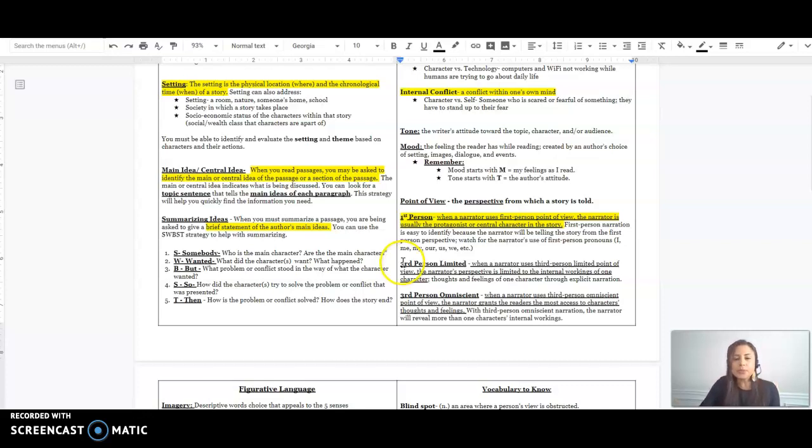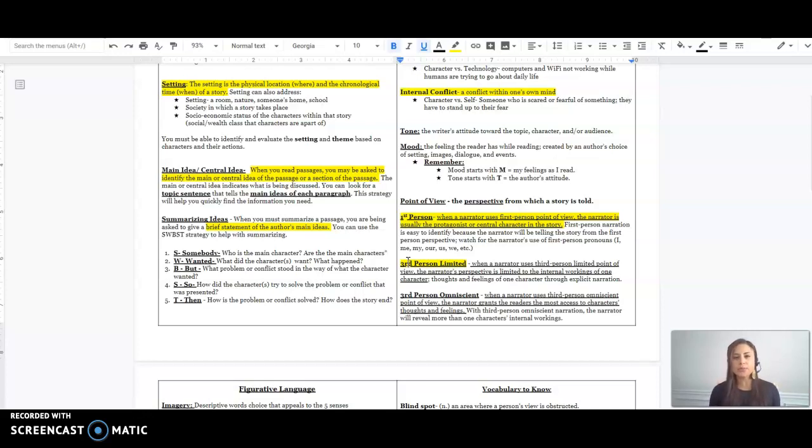Then there's third person limited. Third person limited is when the narrator uses a third person limited point of view and the perspective is limited, meaning that the thoughts and feelings of maybe one character is usually stated where we don't really understand the thoughts and feelings of all the characters, but it may just be one individual character.